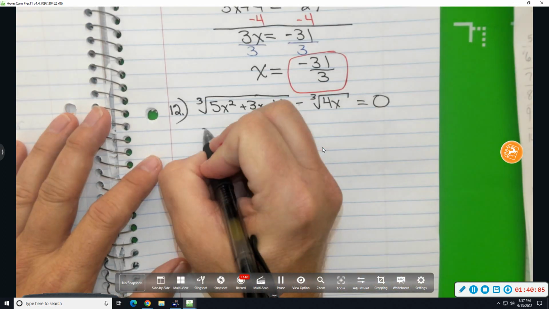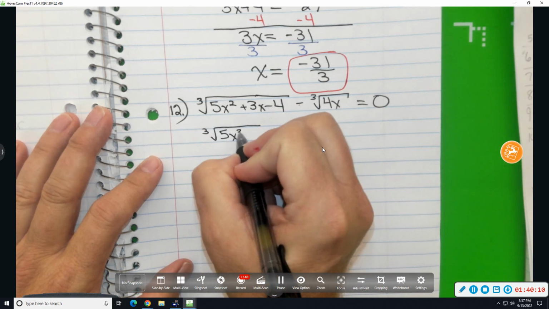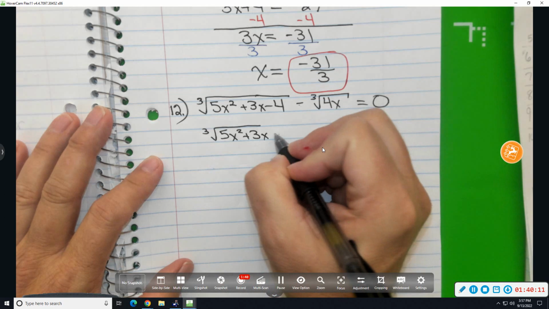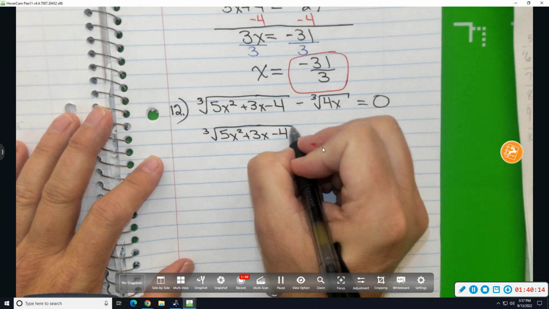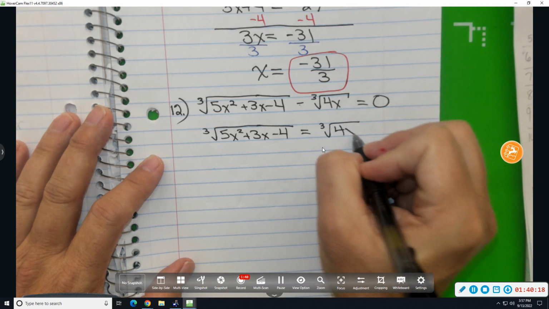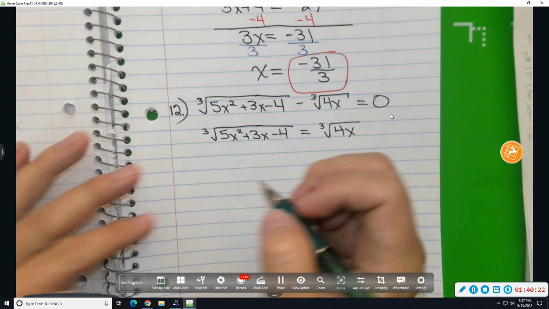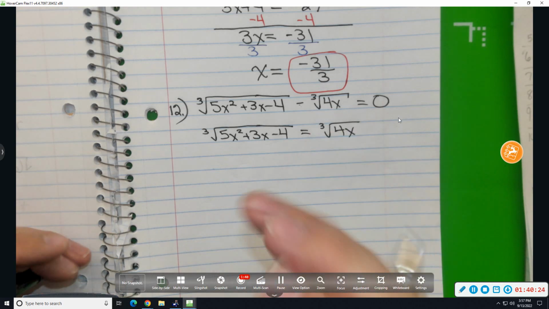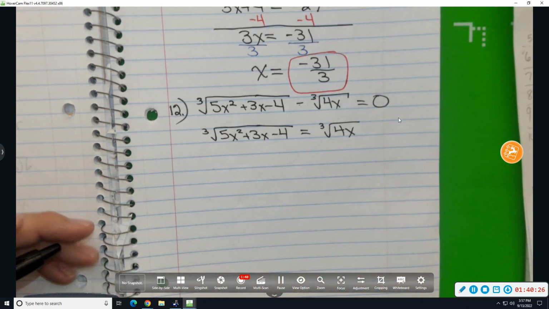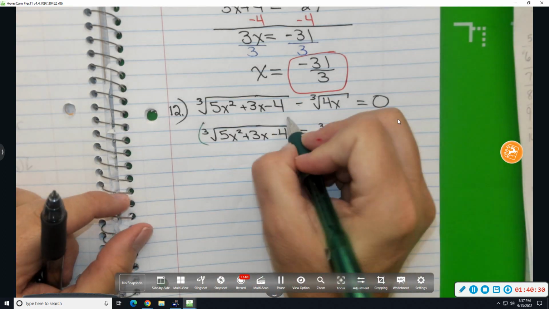So we'll have the cube root of 5x squared plus 3x minus 4 equals the cube root of 4x. And then the one time that they want to get in here and fix that projector, our class is taking long.